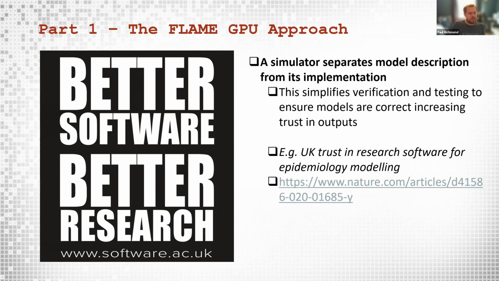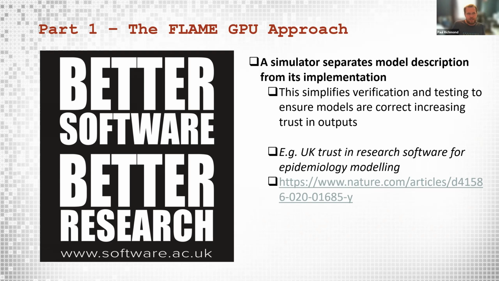But in doing so, they start to link the implementation and the model together, and they become intertwined. The problem with that is that if the model and implementation are intertwined, it becomes much more difficult to test the implementation and much more difficult to test the model. So verification and testing become much more difficult, and it can be much harder to understand whether the results can be trusted.